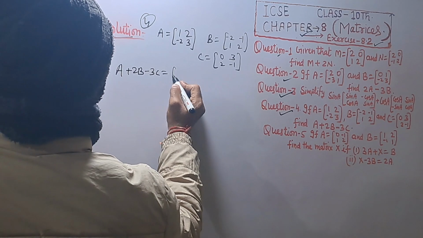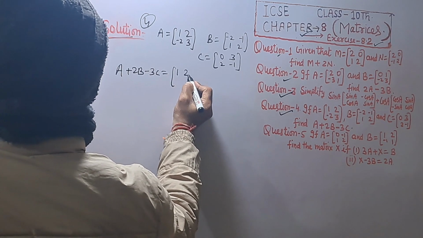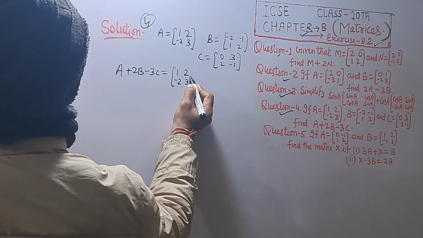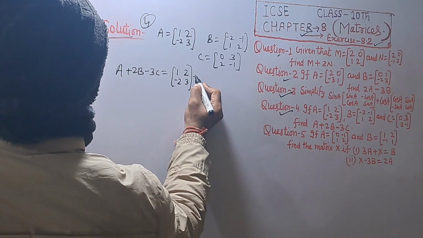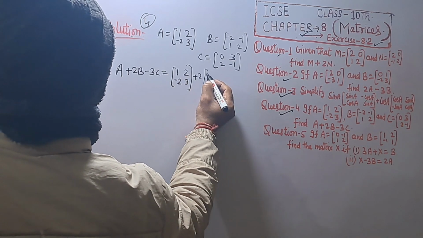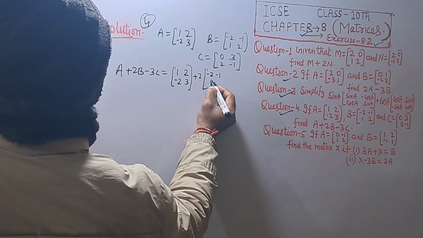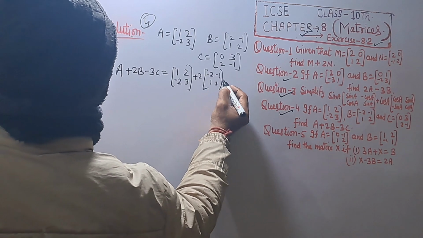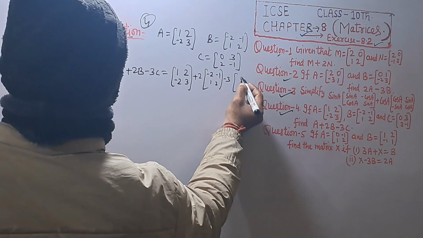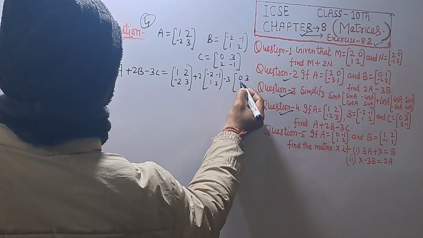That is, A is [1, 2; -2, 3], plus 2 into B, which is [-2, -1; 1, 2], and minus 3 times C, which is [0, 3; 2, -1].